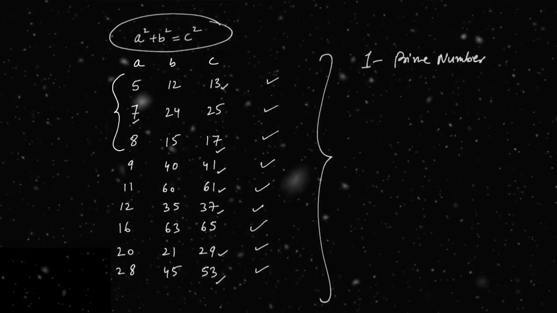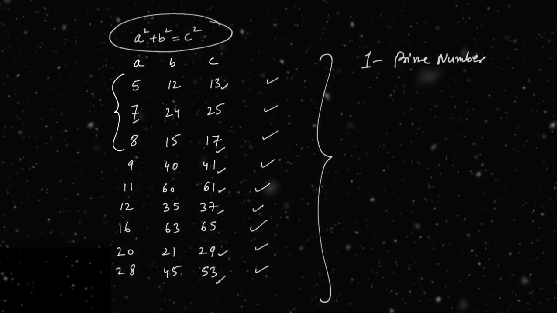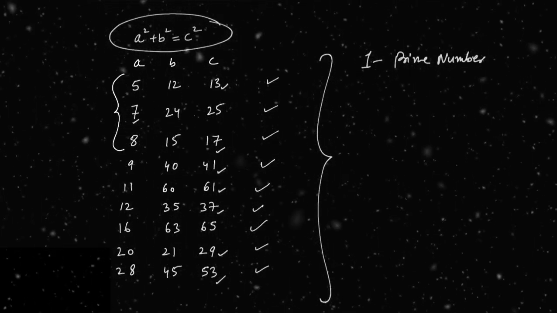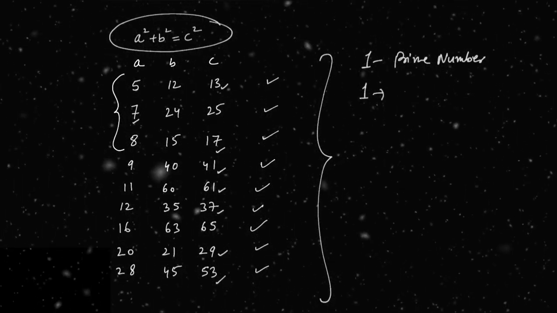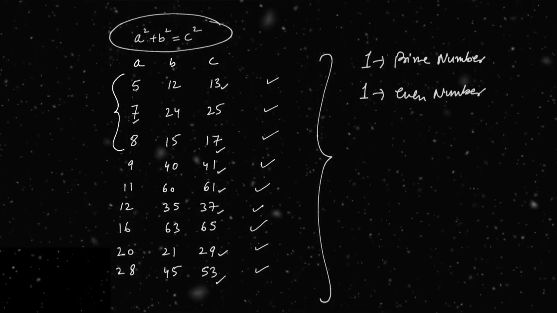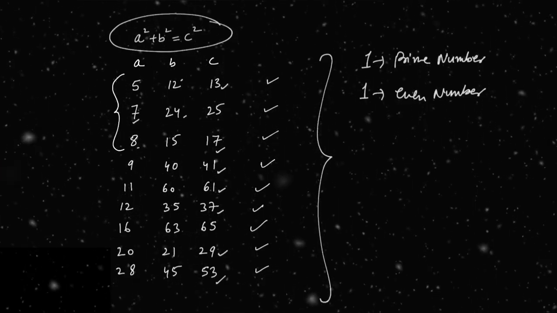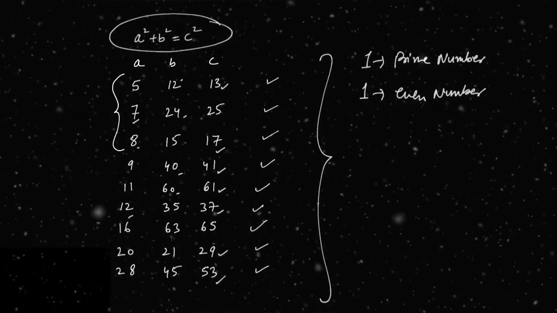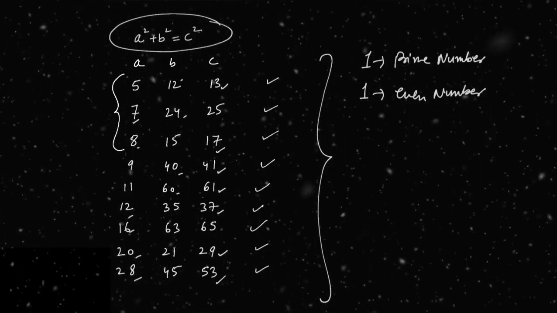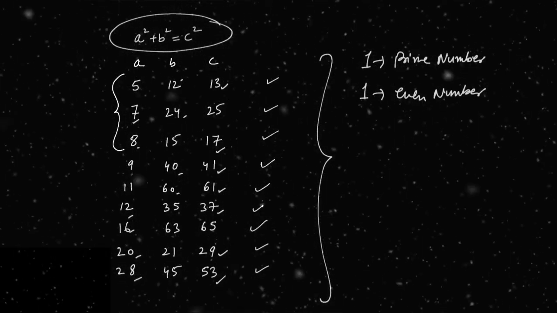So now we can conclude that nearly every set of numbers in this list has one prime number. And secondly, we can observe that there is one even number also in the set, like 12, 24, 8, 40, 12, 16, 20 and 28. So these are the two observations that we have got.